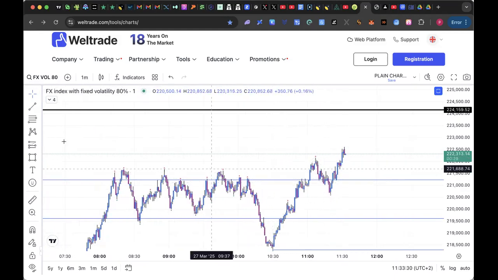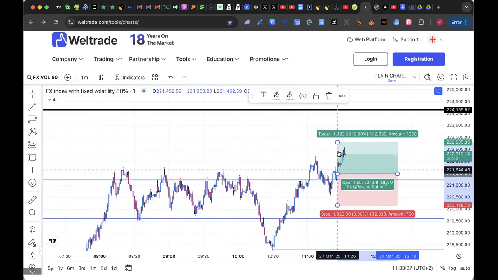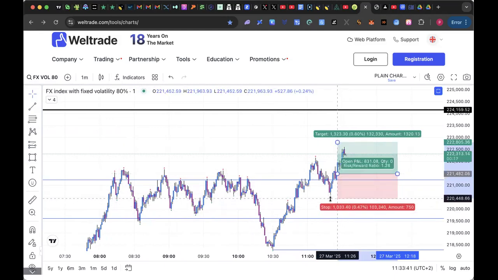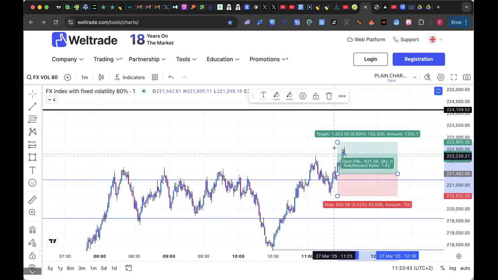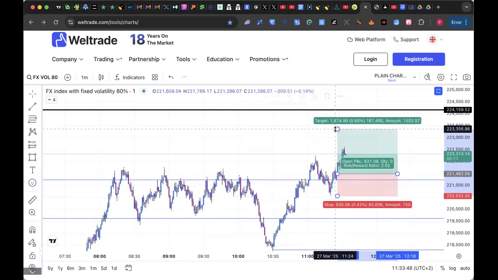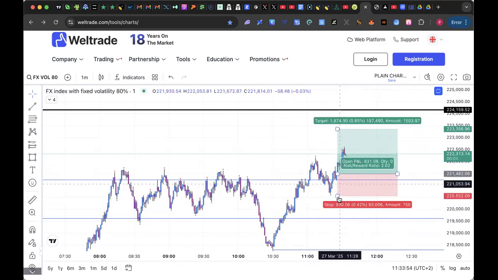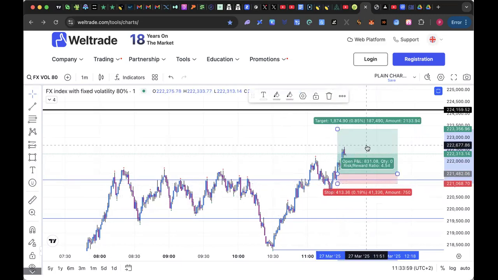So if you find an entry here, to long, and then for the safety of your account, you want to say here, the 1:2 is obviously here. But this guy is very, very volatile. So immediately it has crossed a reasonable point.